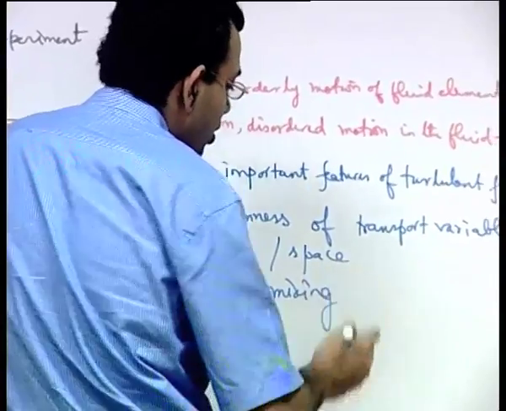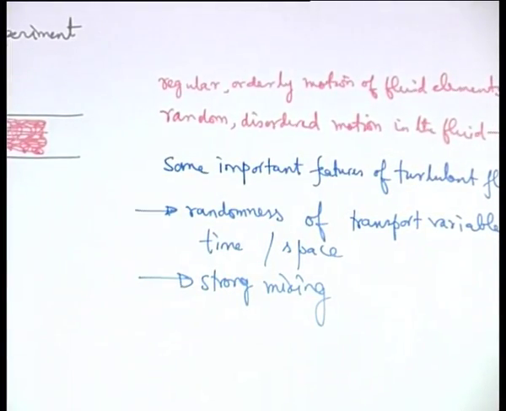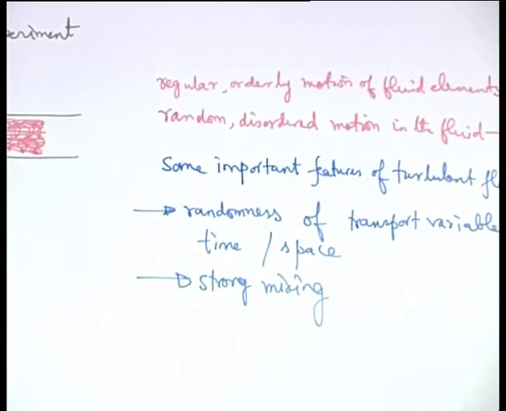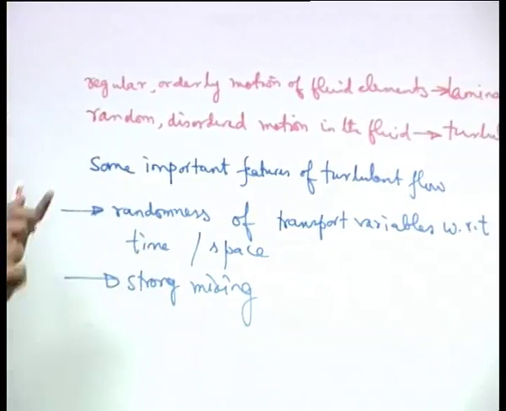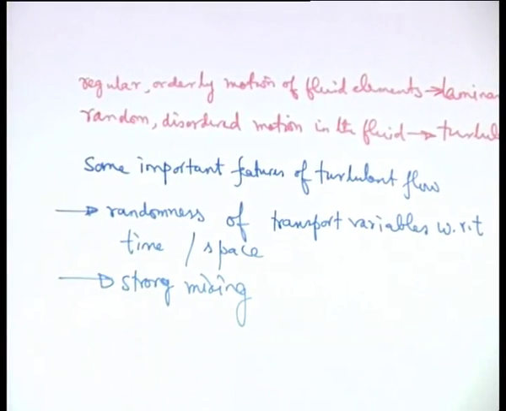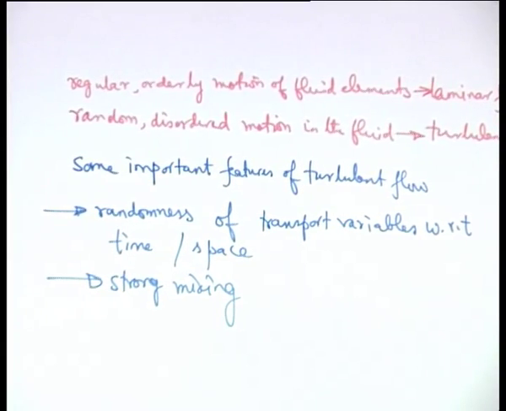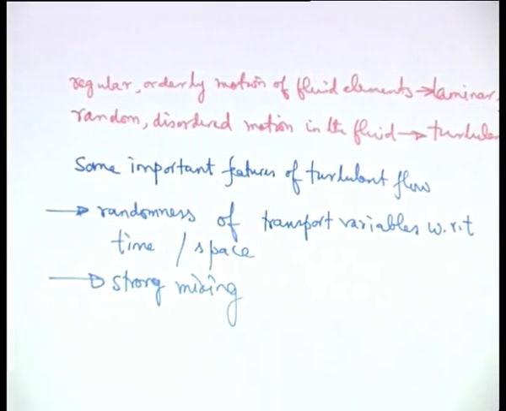So, turbulent flow has an enhanced effective diffusivity, because diffusivity is a signature of mixing. So, strong mixing in a turbulent flow is there because of the interaction of the fluctuating components of velocities or maybe other transport parameters like temperature.